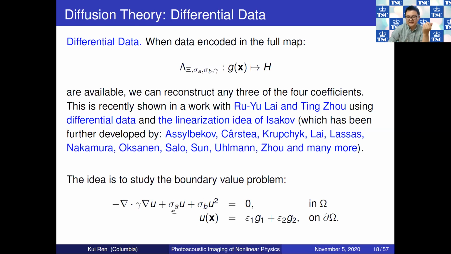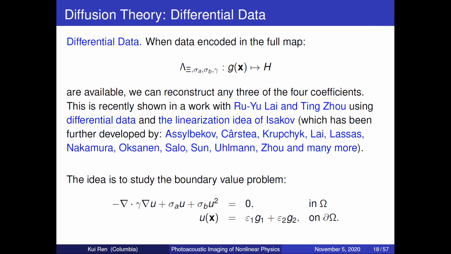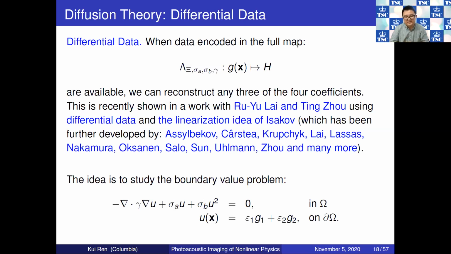You have cases where the absorption depends on the density. So basically sigma A can be written as sigma A plus sigma B times U. Yeah, I see your point, okay. Yeah, so that is one explanation. If you want to look at this nonlinear effect, that is the more popular explanation in the literature. Okay.